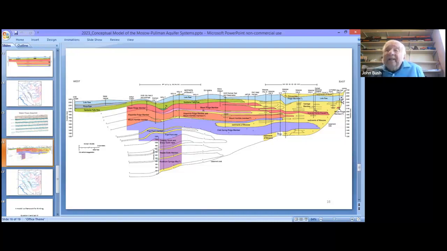But remember, we turned the cross section to the northeast, and we see that recharge water is getting into the Vantage member, laterally moved through sand lenses and layers. So we get the water into the Vantage member and into the sediments of Moscow.